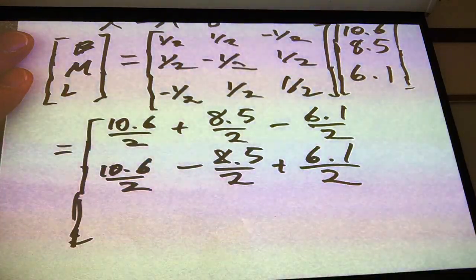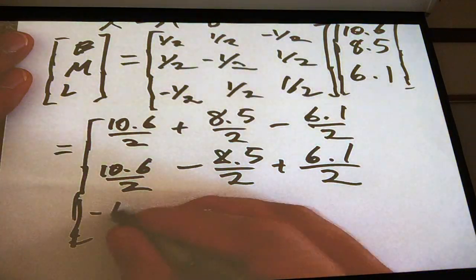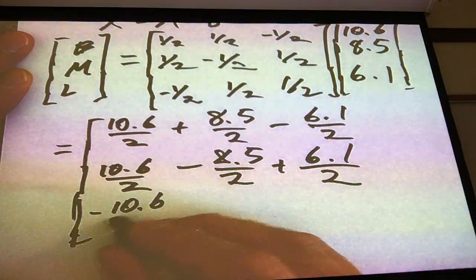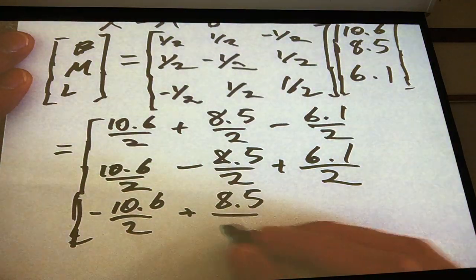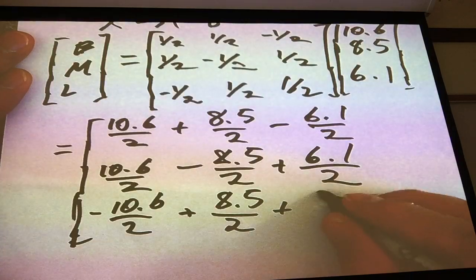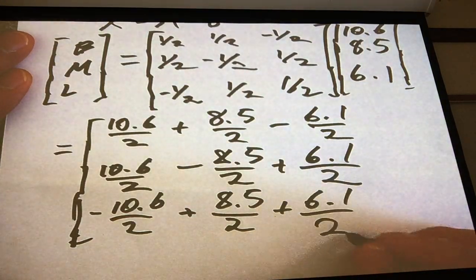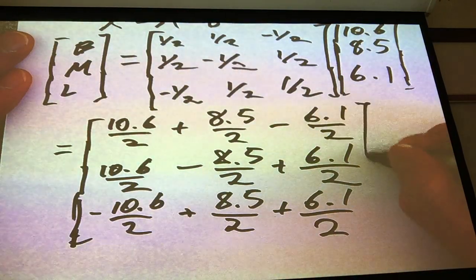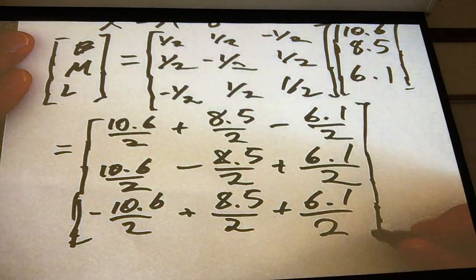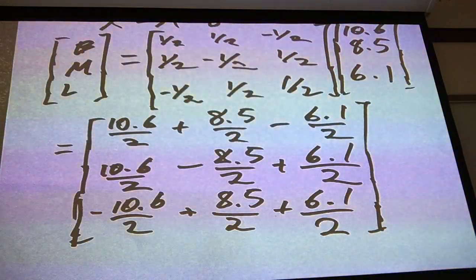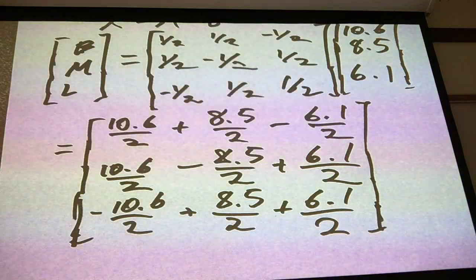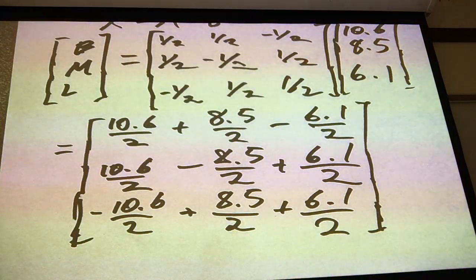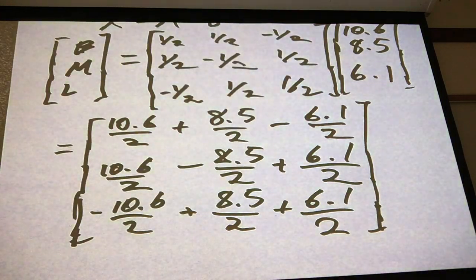Then negative 10.6 divided by 2, plus 8.5 divided by 2, and plus 6.1 divided by 2. And that will actually give us the solution for what the big, medium, and little is. Then you can add those three together, and that gives you the answer to the chicken problem.